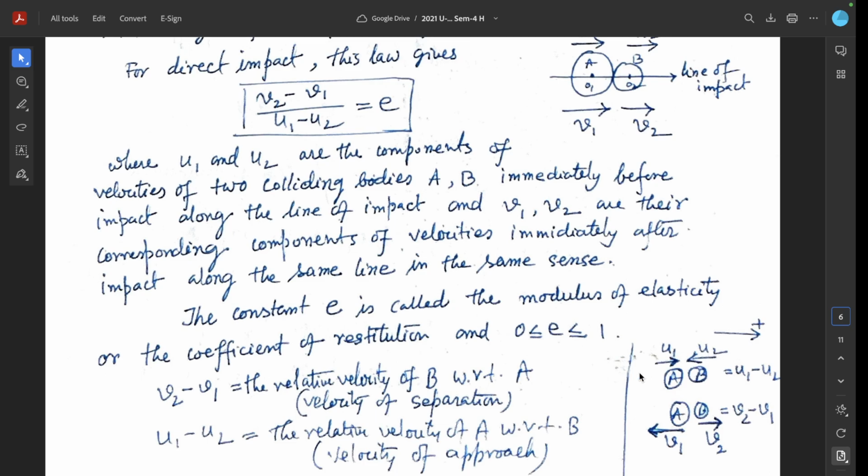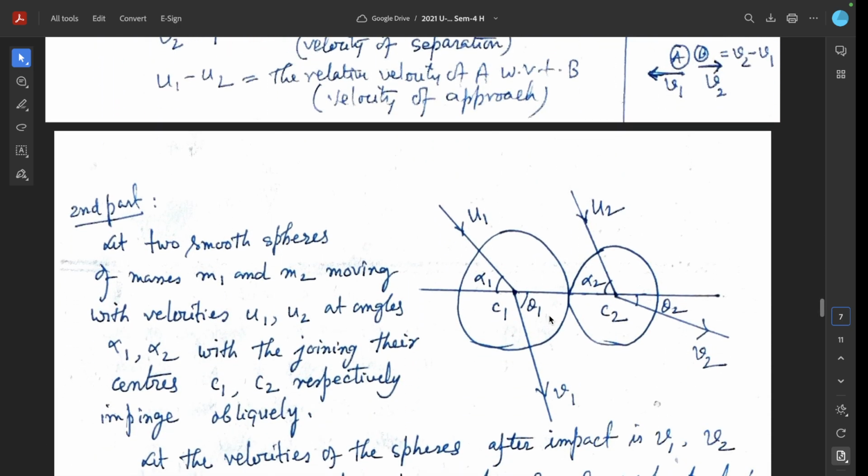After impact, A moves with velocity v1 and B with velocity v2. The rightward direction is positive and the other is negative. So v2 minus v1 is the velocity of separation, and u1 minus u2 is the velocity of approach.